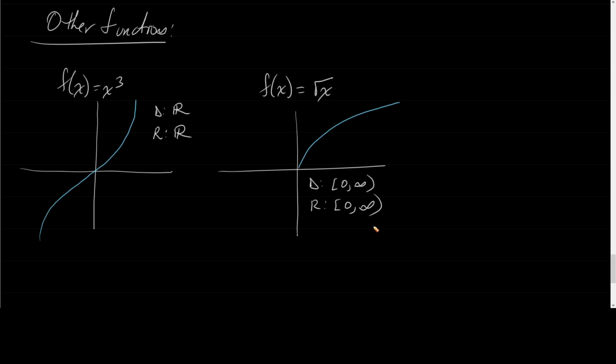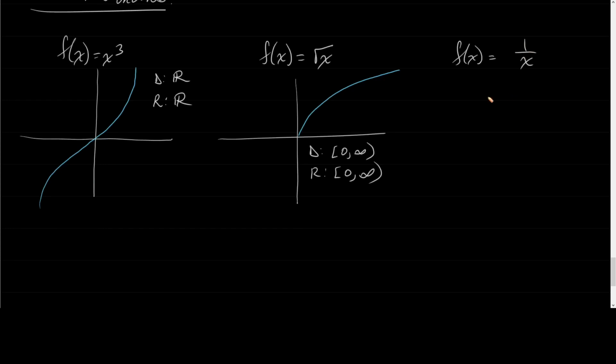What else? You should be able to recognize f of x is equal to 1/x. And what does 1/x look like? It looks like this. All right, something like that.